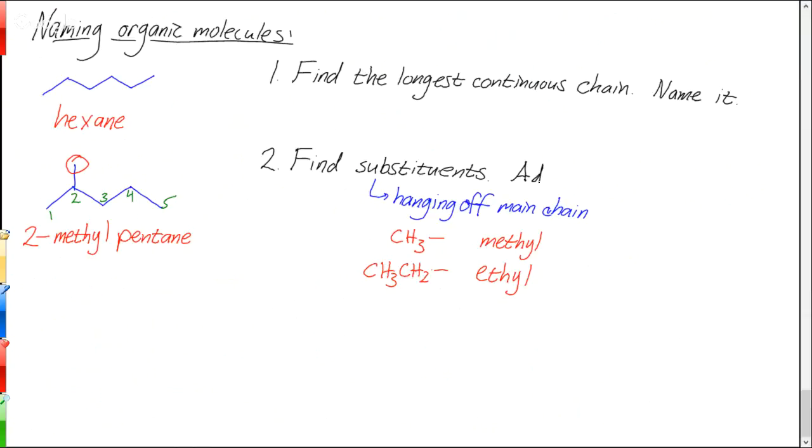So when we find those substituents, we're going to add to the name the number of the attached carbon. And then this doesn't apply to this particular name, but we'll get to it in a second.